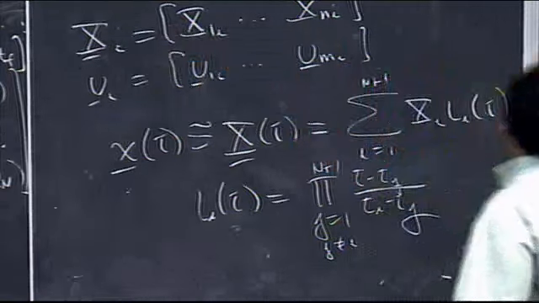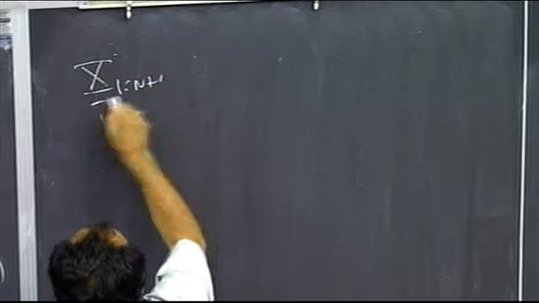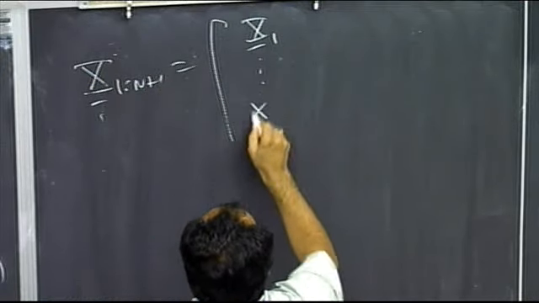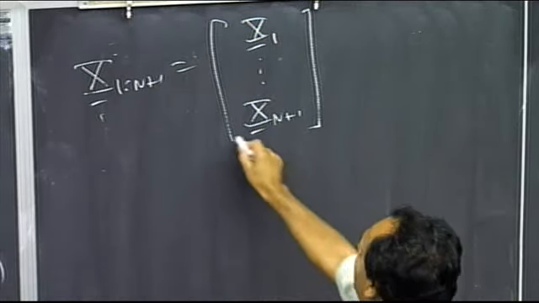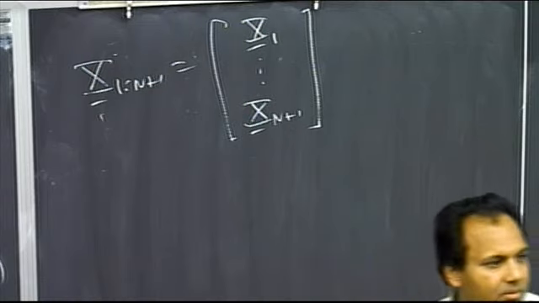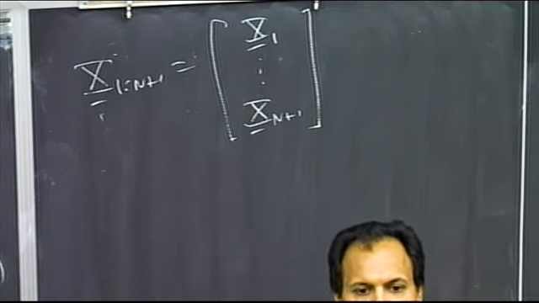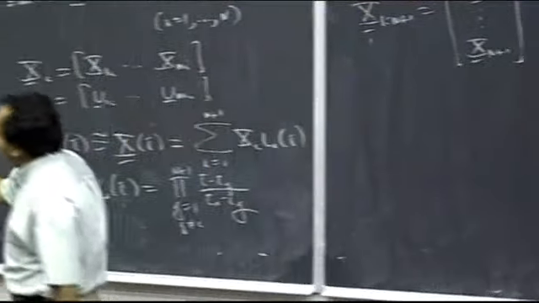If I string out x1 colon n plus 1, I get x1 all the way down to x n plus 1. They're clearly not vectors. They're matrices, right? But there's no difference between this and a vector z.